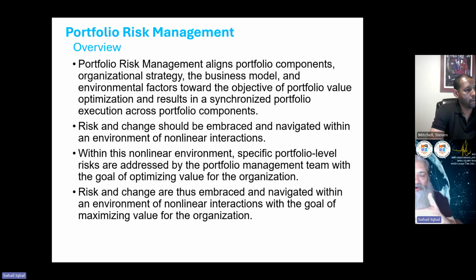He's aligning all the components, all the projects and programs under the portfolio, with the strategic objective, organizational strategy, the business model, and the environmental factors. What for? Toward the objective of portfolio value optimization. So basically, it wants to optimize its portfolio and results in synchronized portfolio execution across portfolio components.